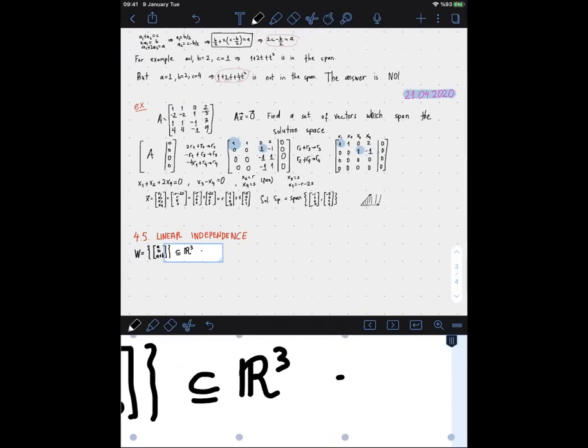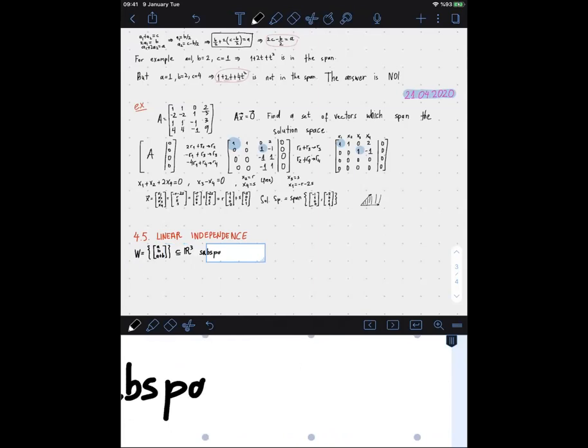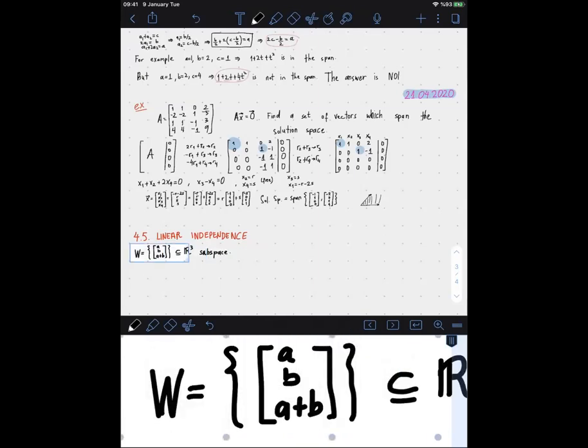It's not just a subset, but a subspace. What does it mean to be a subspace? It means that if I take vectors of this form and add them to vectors of this form, the result will be vectors of this form, where the sum of the first two components is the third component. And if I do this for scalar multiplication, it's still the same. So a number times a vector of this form is a vector of this form. So this is a subspace.